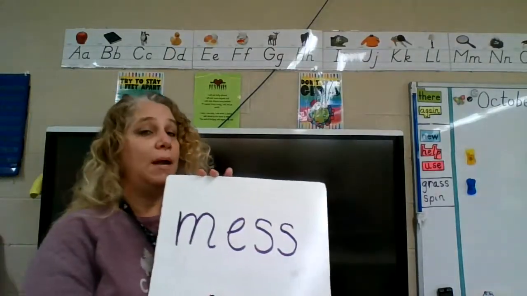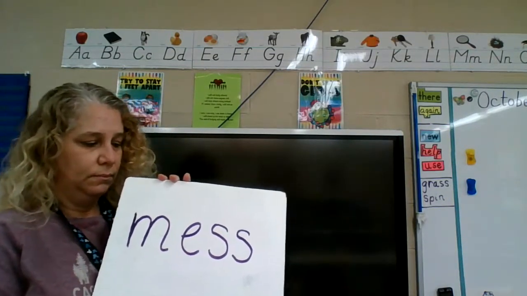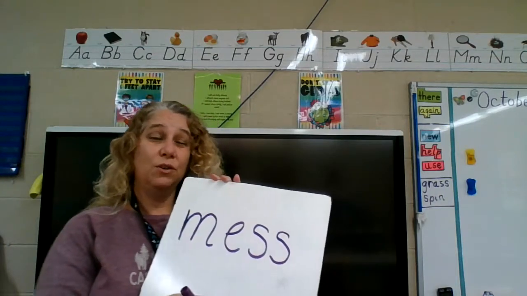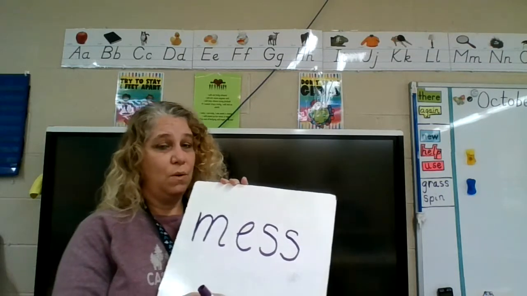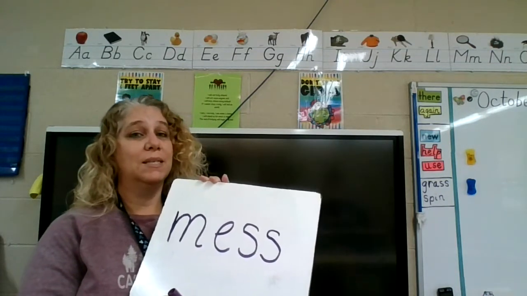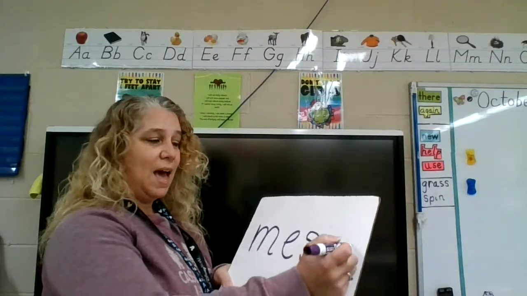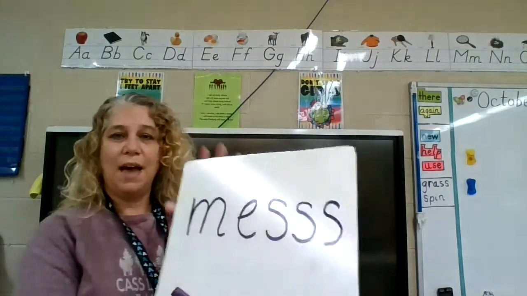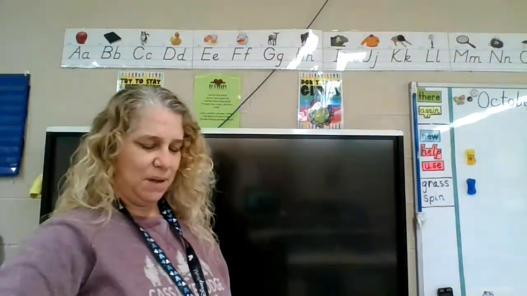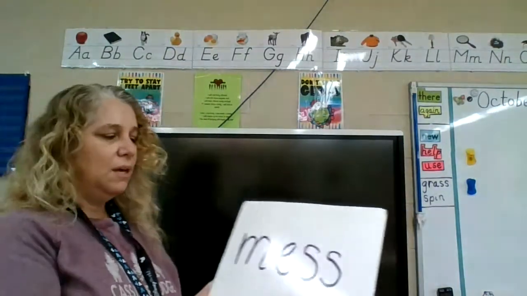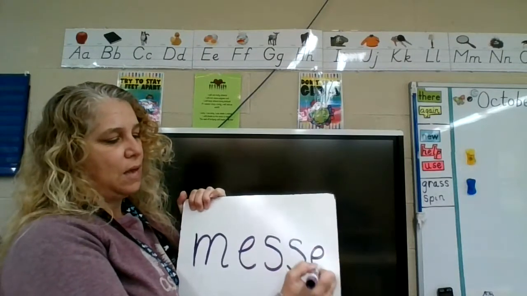Okay, so if we say, I made a big mess in my room, and I say, my sister also made a big mess in her room, so we have two big messes. If I put just an S to make it plural, look at that word. It has three S's. That can't happen. So, two big messes, we need the ES.